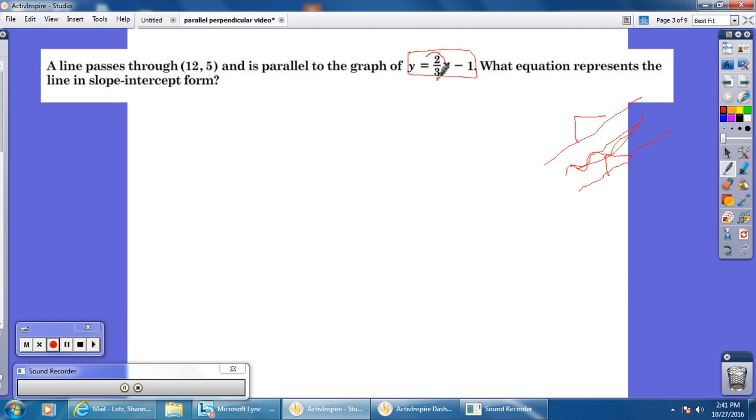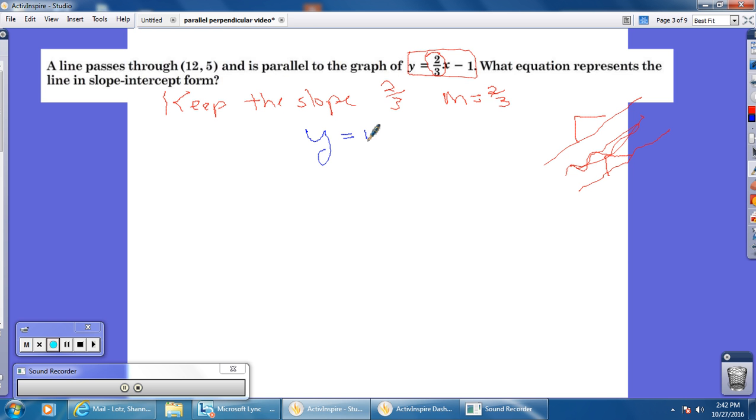So if the slope is 2/3, we're going to keep the 2/3. Now we know m is 2/3. So we're going to use our famous slope-intercept form.